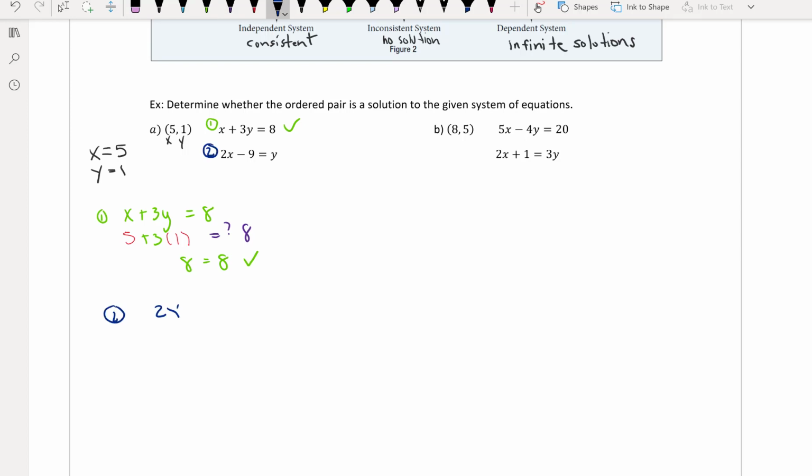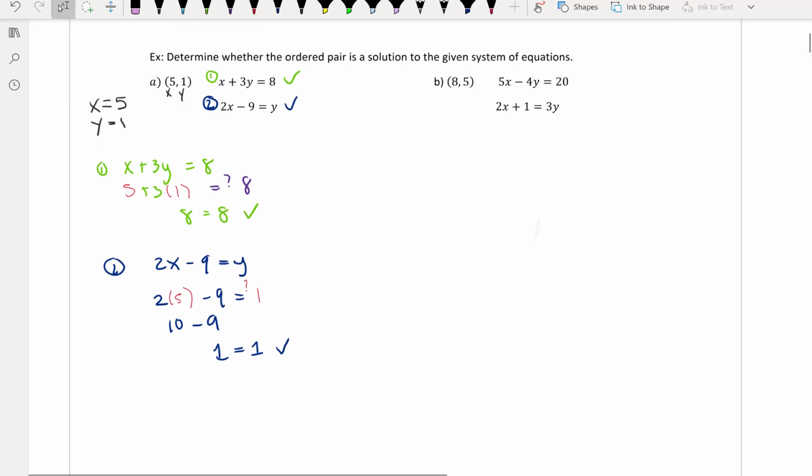Now we are going to try equation number 2 to see if that works. We have 2x minus 9 is equal to y. So 2 times our x value, minus 9, does that equal our y value of 1? We would get 10 minus 9, which is 1, is equal to 1. So that's also a true statement.